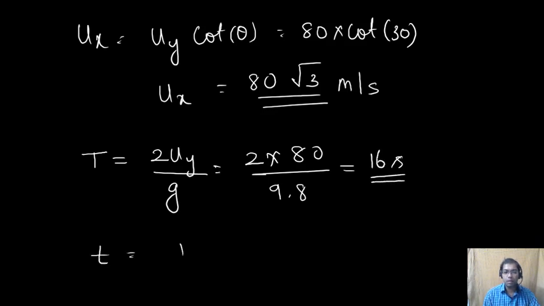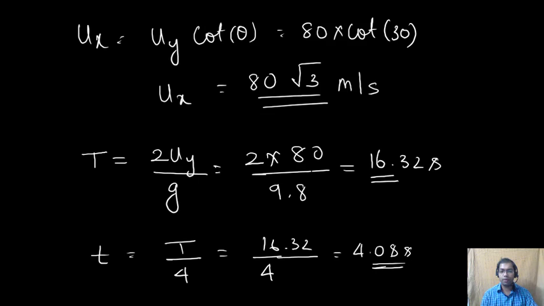Now the time is 1/4 that of capital T. So 16 by 4, that means for 4 seconds we need to calculate what is the velocity. So we have 2 into 80 by 9.8 is 16.32 seconds. I approximated it to 16, but this is the exact value. So therefore the time that we get is 4.08 seconds.